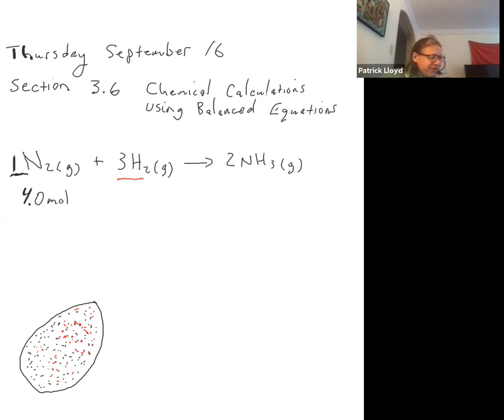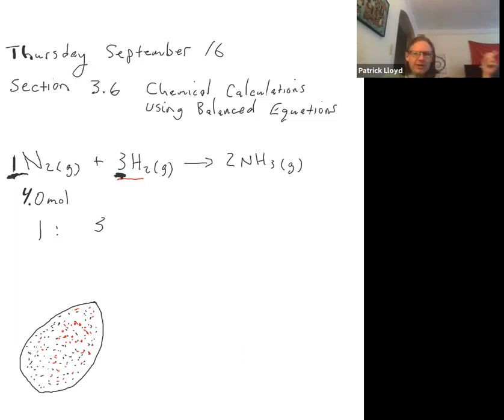So what this tells us is that for every 3 units, I'll use the generic term unit, 3 units of hydrogen, we need 1 unit of nitrogen. It's a 1-to-3 ratio. 1-to-3, right? And so you could think of this in a sense, although this technically is not correct. You could think of it as like 1 part nitrogen, 3 parts hydrogen.